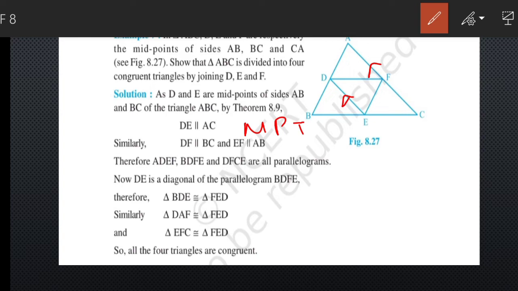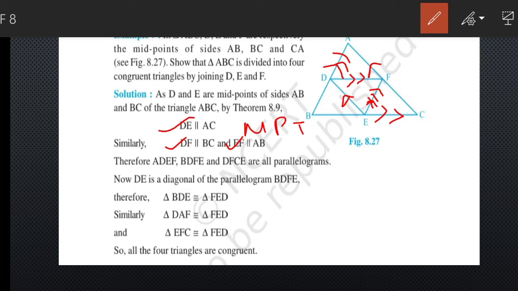Similarly, D and F are the midpoints of AB and AC, so DF is parallel to BC, and E and F are midpoints of BC and AC respectively, so EF is parallel to AB. So these three are valid using MPT.